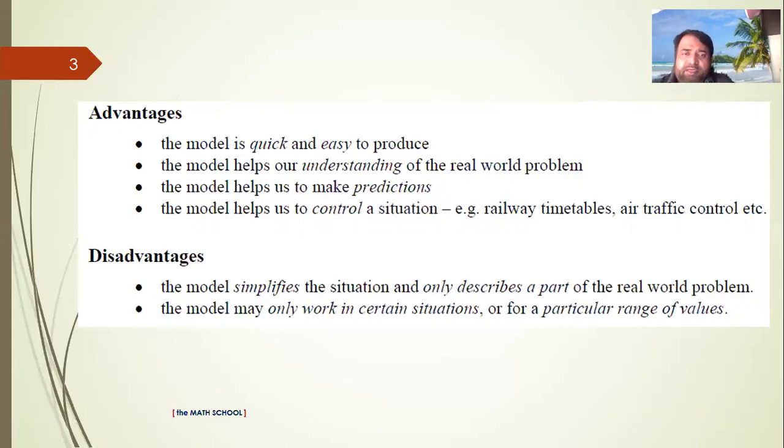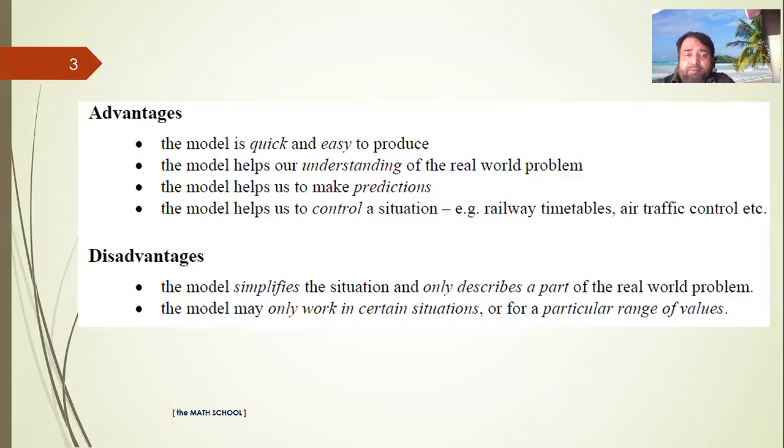A statistical analysis in a certain model helps us make software more realistic and more appropriate. Okay, disadvantages: the model simplifies the situation and only describes a part of the real world problem.